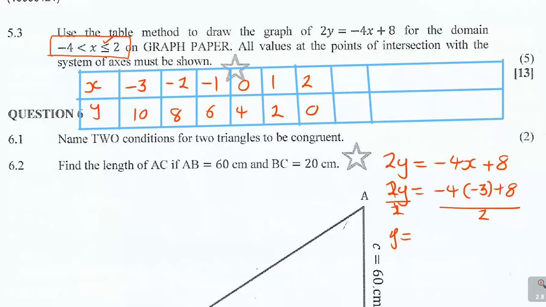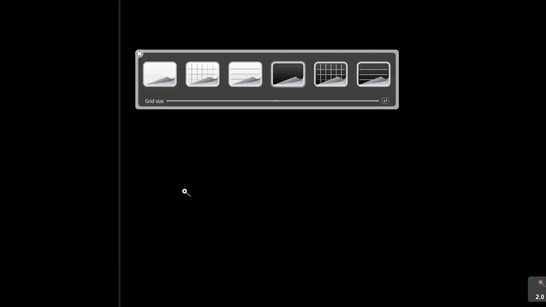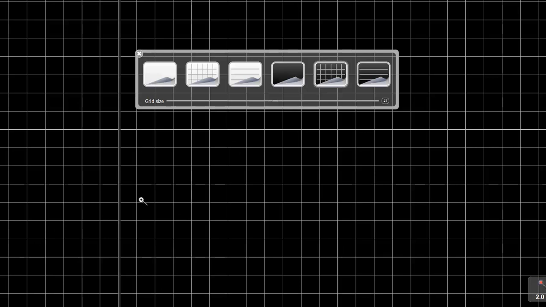So this is what I'm having. Now if I am to come here and draw the graph, let's say this is my graph paper, try to make it large like this. You will have a proper graph paper, but this is what I'm going to use.